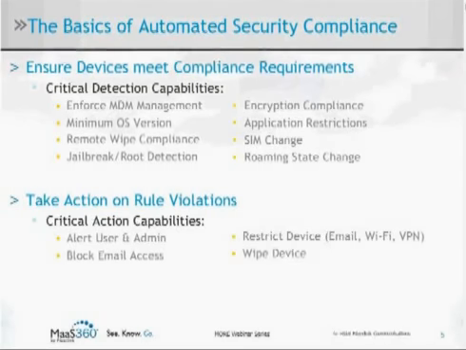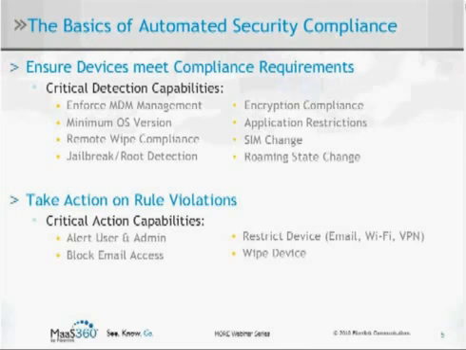In addition to the identification of those events, you'll want to make sure that you can take action in an automated fashion on those types of events. So you want to alert and email the user, alert admins. You would want to be able to block email access for those devices in violation. So if a device is out of compliance, automatically block their email until the compliance event is remediated.